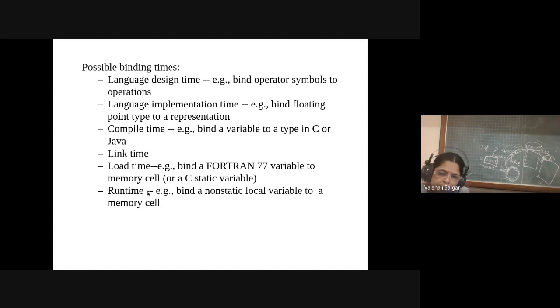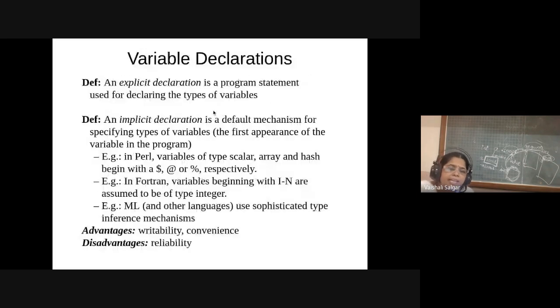Linking time and loading time I have already explained. And runtime is binding a non-static local variable to a memory cell. For example, when I am accepting a value for a variable A from the user, that is runtime. So when I say A and at runtime I say 100, that 100 value will be assigned to that memory cell at runtime. So these are some examples of binding times.